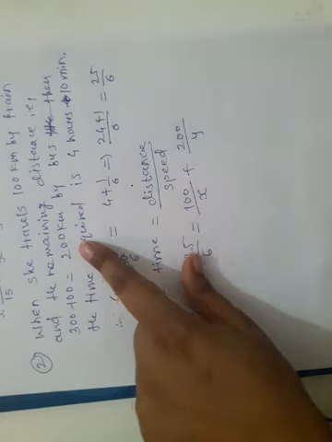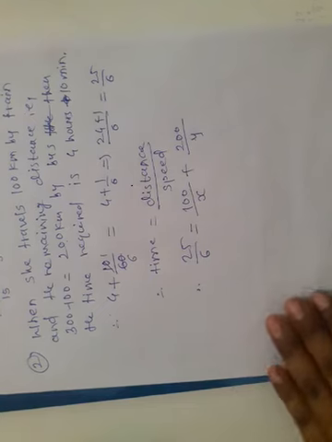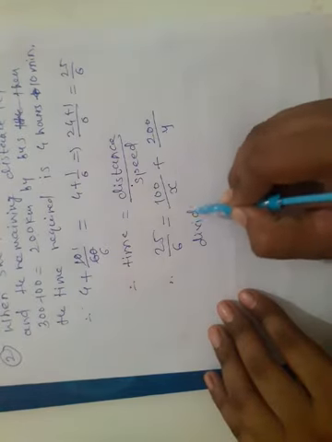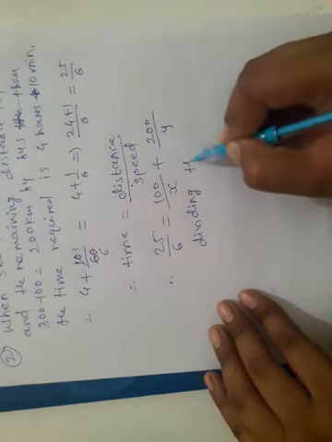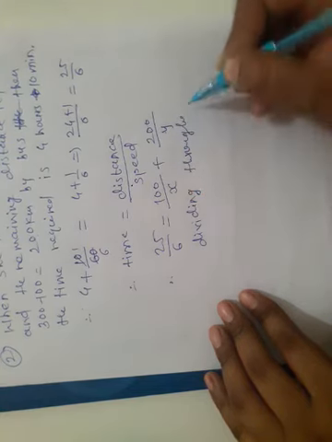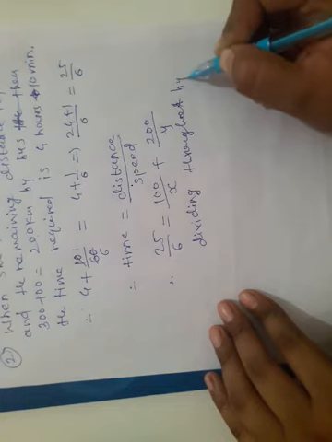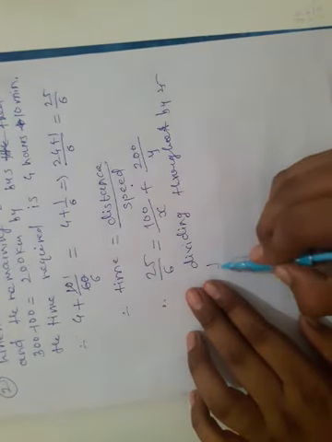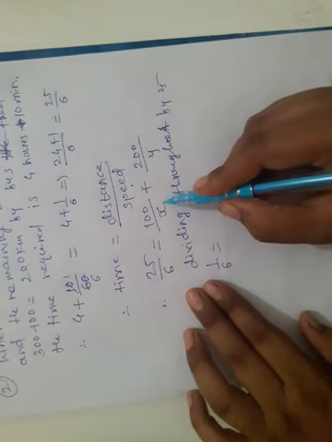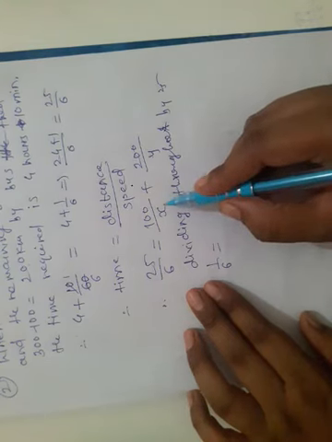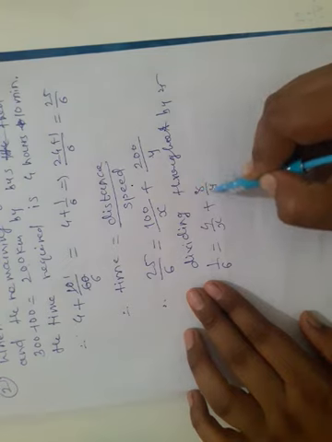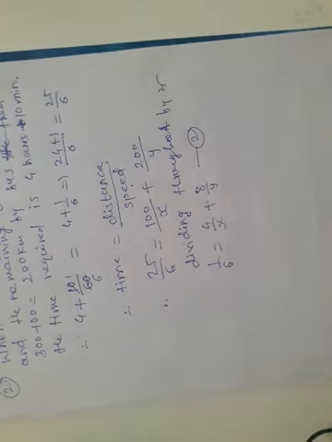And now dividing throughout by 25, we get 1 upon 6 is equal to 4 upon x plus 8 upon y. And this is our equation number 2.